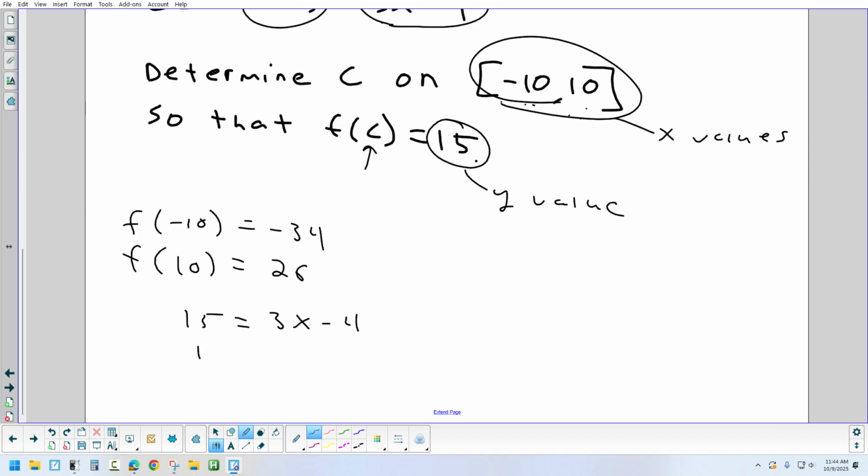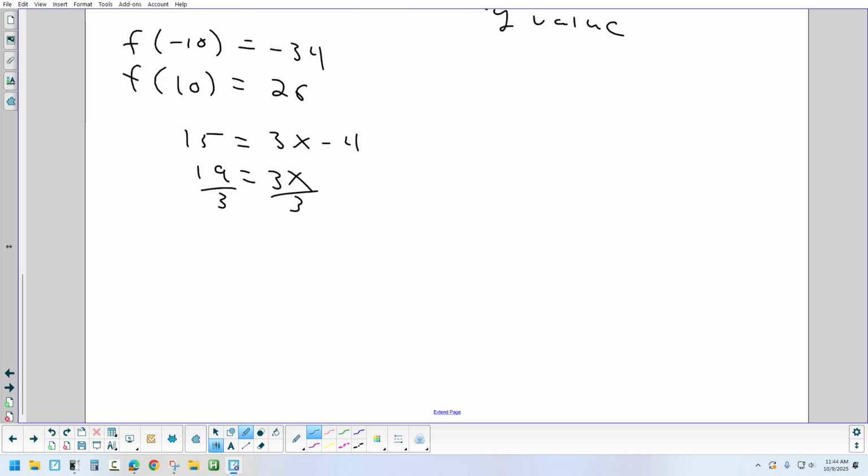So add 4, and my last step would be divide by 3. And I get x equals 19 thirds.